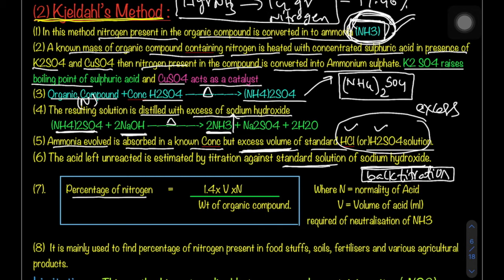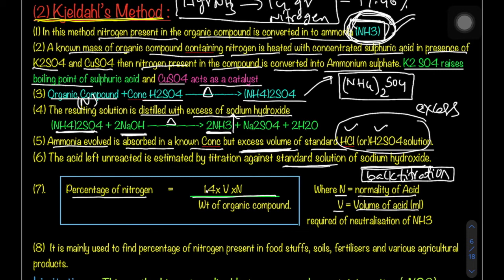Now the percentage of nitrogen will be 1.4 into volume of sulfuric acid into normality of sulfuric acid or hydrochloric acid, whatever acid is given, whole divided by weight of the organic compound. Now what is N here? Normality of the acid.